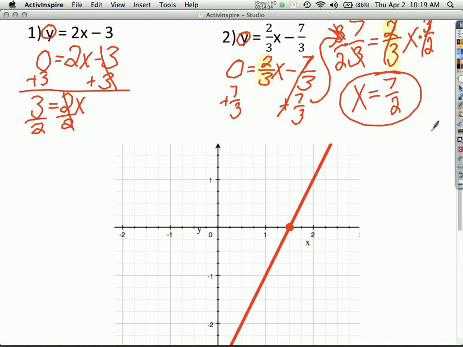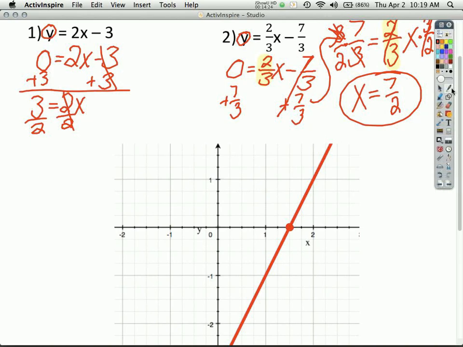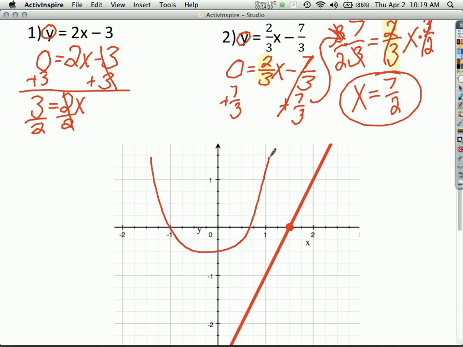In fact, anytime you have a graph cross the x-axis, that's called the x-intercept. So if I had a graph that went like this, these locations would also be called x-intercepts.